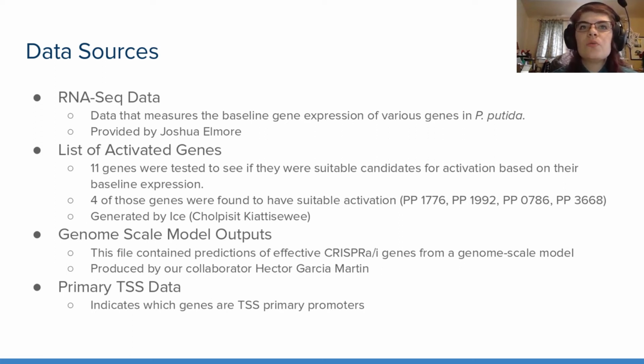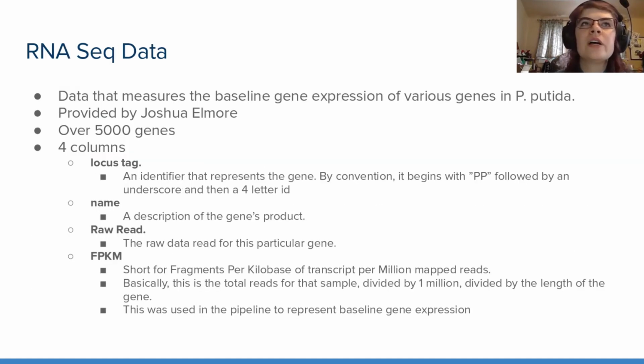This was a list of genes that were considered good predictions for effective CRISPRa and CRISPRi genes from a genome scale model. And we also had a set of data which indicated which genes were TSS primary promoters. I'll talk a bit more about those top two files.